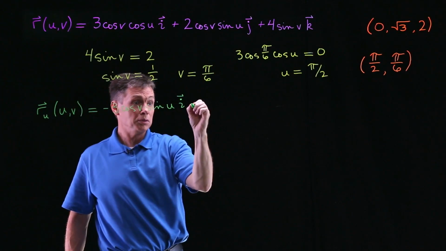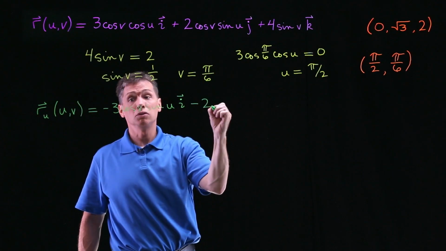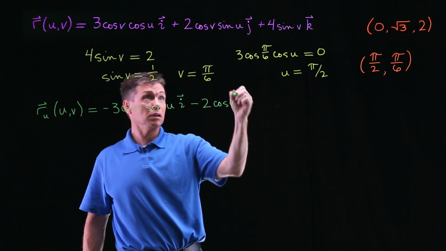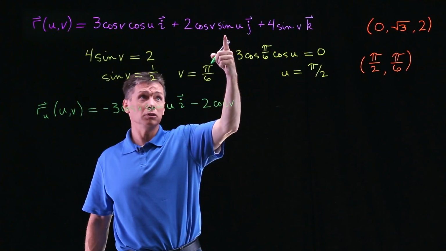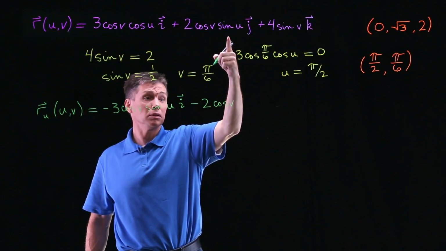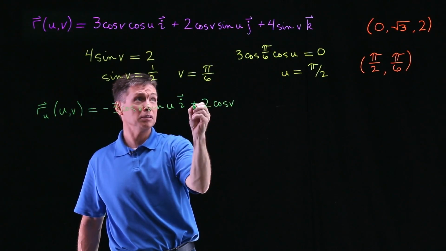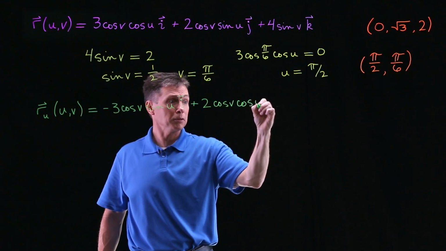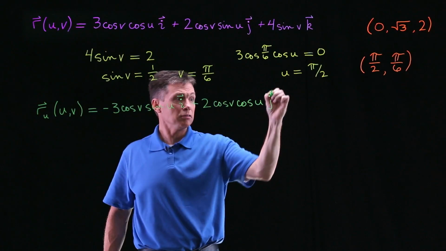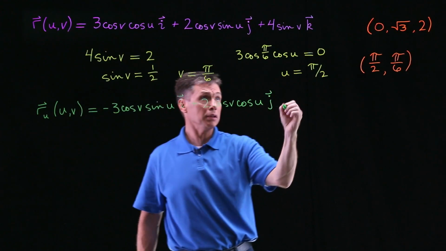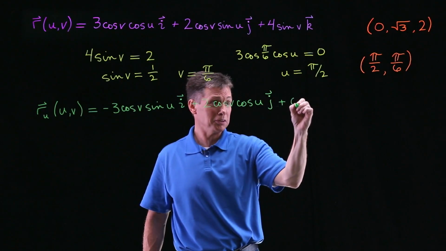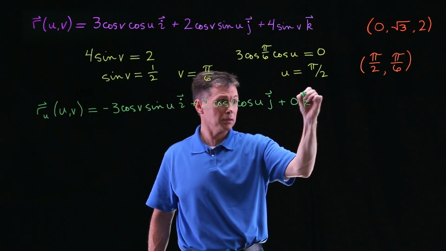Differentiating with respect to u, that'll be a 2 cosine v. Differentiating with respect to u, this should have been a positive then, right? Sine would just become cosine. Yep, that looks good, j vector. And then differentiating with respect to u, that one disappears, so that's nice, 0k.